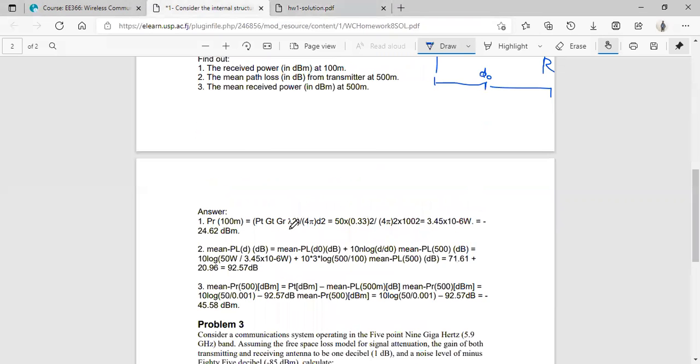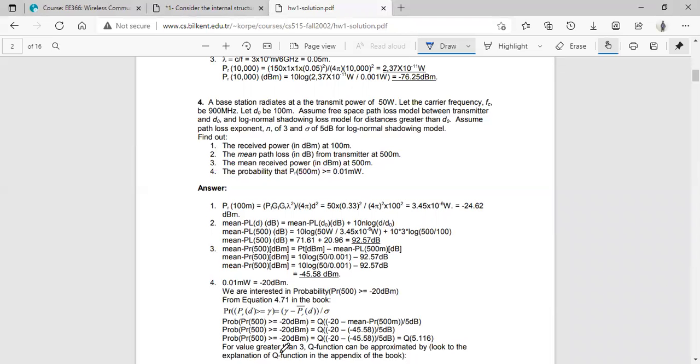It is the same thing. Only thing is that when we have lambda squared, this 2 is brought down, so to avoid that, I'm going to use this. The free space path loss model is given by PR upon PT equals GT times GR times lambda squared divided by 4 pi d squared, right?